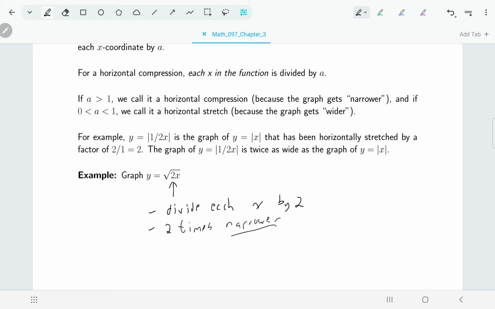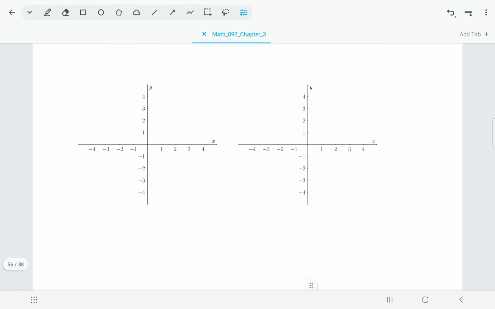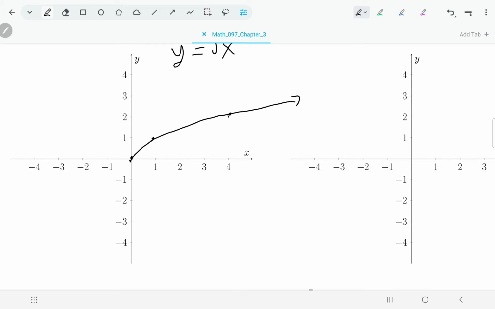So let's get ourselves graphing here for our y equals square root of 2x function. Basic shape for our square root is that it goes through 0, 0, 1, 1, and 4, 2. I'll just label these points.